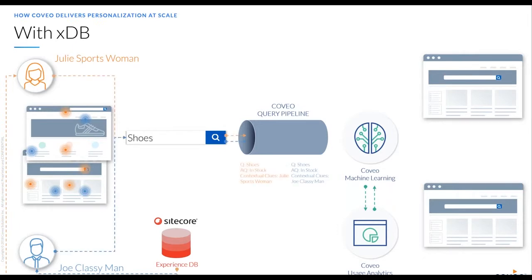What happens here is that each one of these individuals is going to perform the same search, which is shoes. At this point, the Coveo query pipeline is taking things in context: what the query was, whether something is in stock or not. The contextual clue is the experience database.